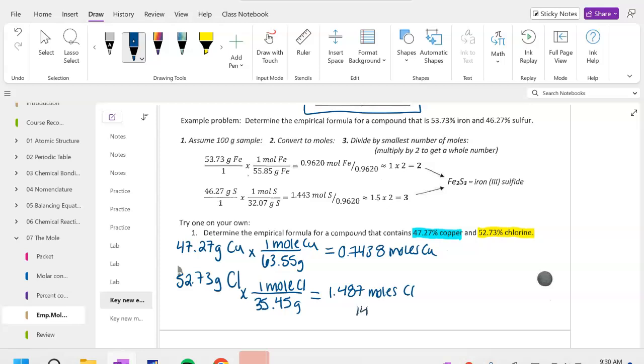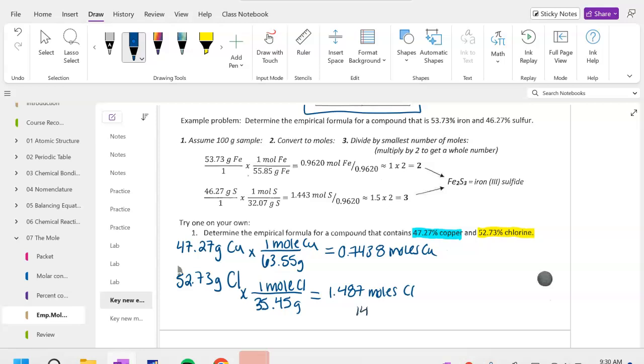The reason why we give a lot of decimal places instead of our normal rounding to 2 decimal places is so that we can see how close these numbers are to whole numbers. It gives us a little bit more accuracy because at step number 3, when you divide by the smallest number of moles, you want to be pretty accurate. If we only gave 2 decimal points for everything, it changes our accuracy and therefore changes our final answer. These problems are really particular, so our rounding rules kind of go out the window.